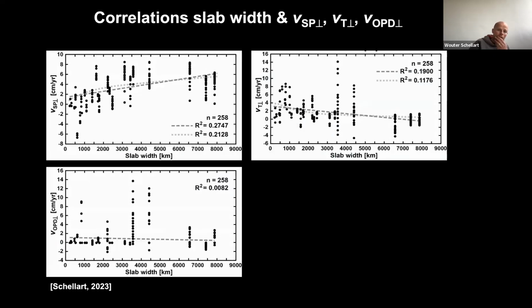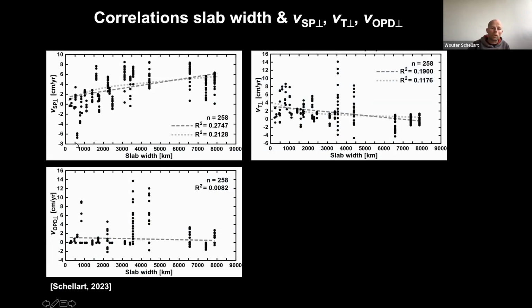Okay, so if we look at these similar diagrams as we showed earlier for slab H, but now for slab width. So the horizontal axis here, what has been plotted is the width of the slab from very narrow here, like a Scotia subduction zone, to very wide here, which is more like a South America or a Sunda subduction zone.